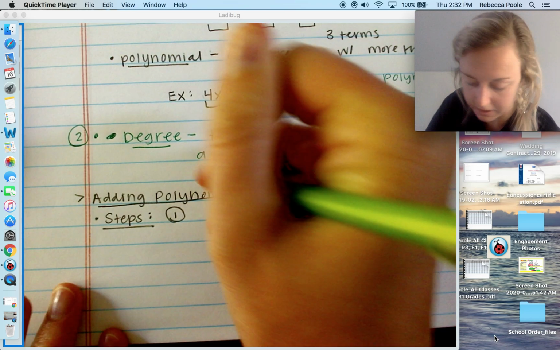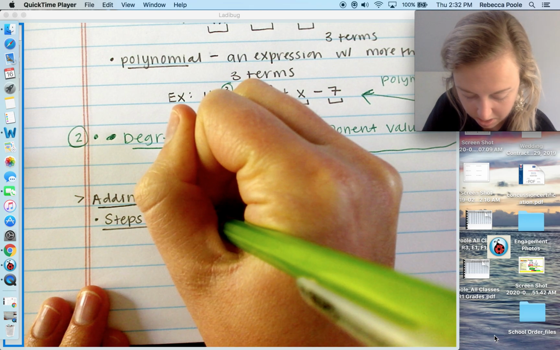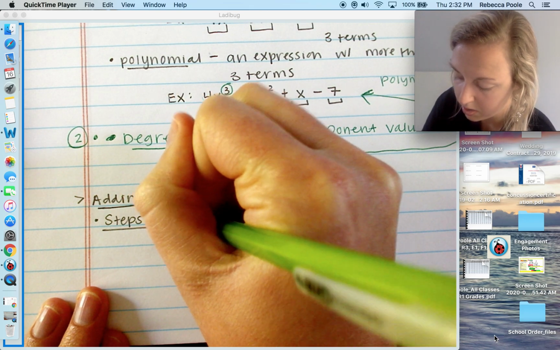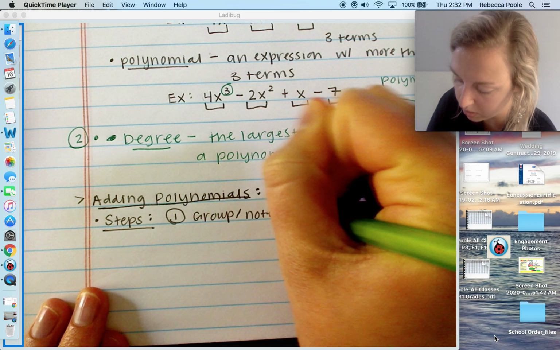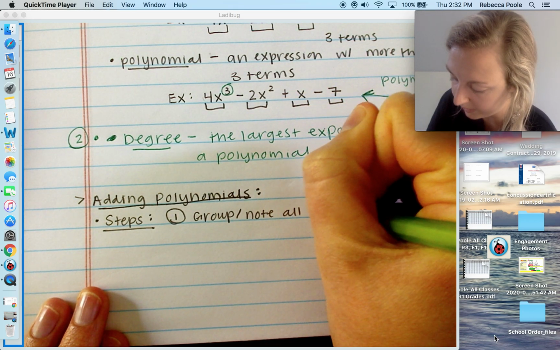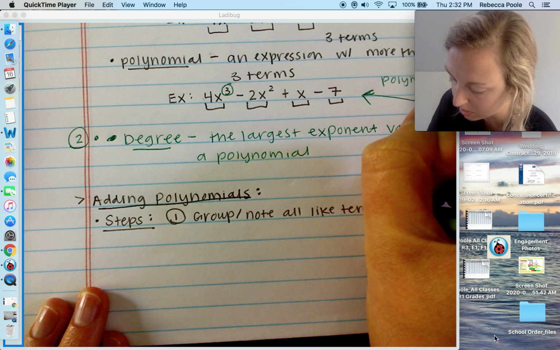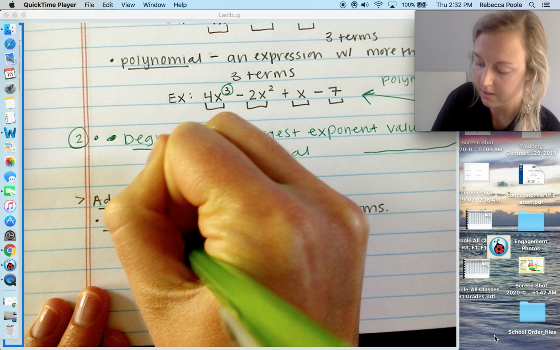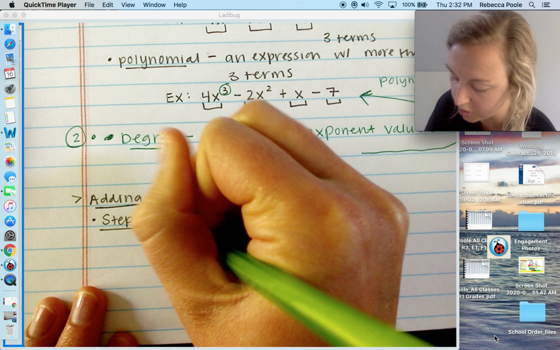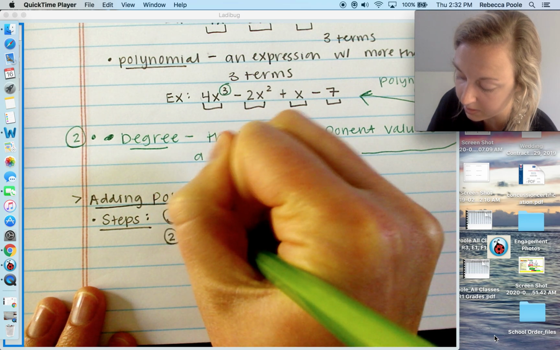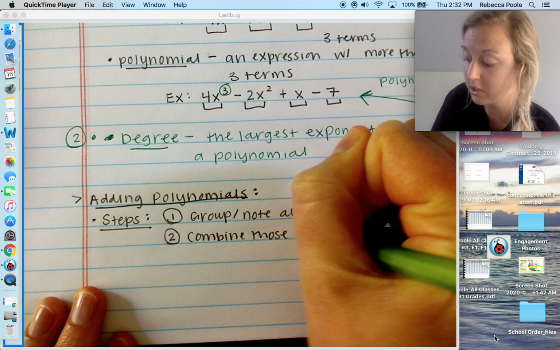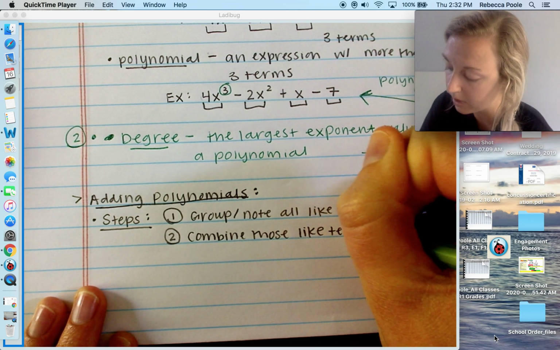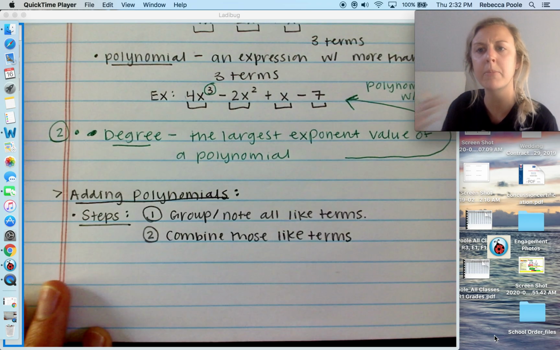Okay, your first one is to group or note all like terms, and then you're just going to combine those like terms, which you already know how to do, okay? And if you don't remember, it's okay, we'll review.